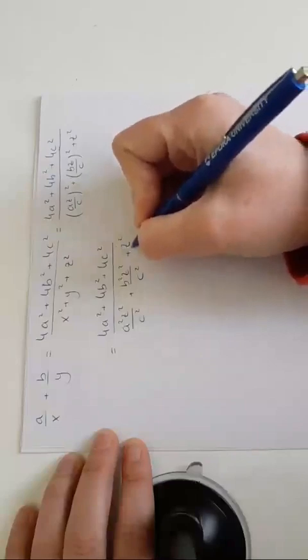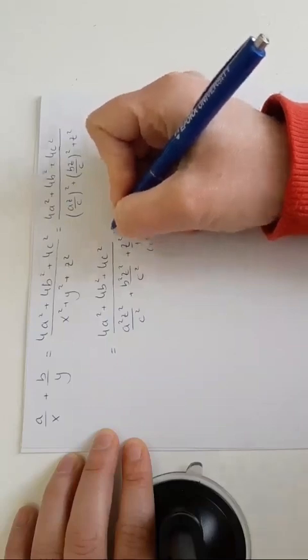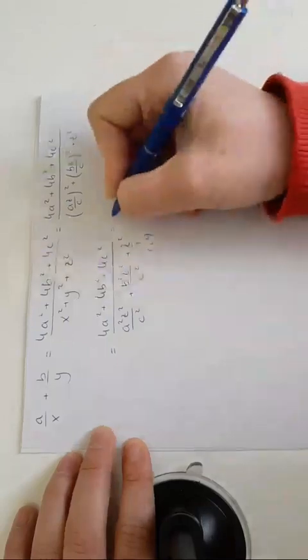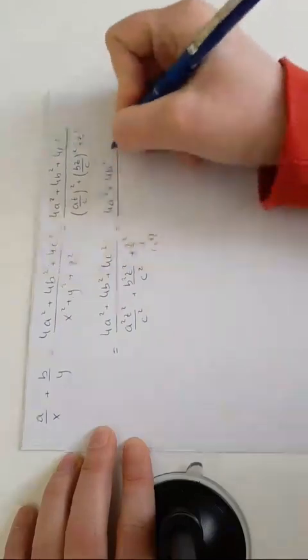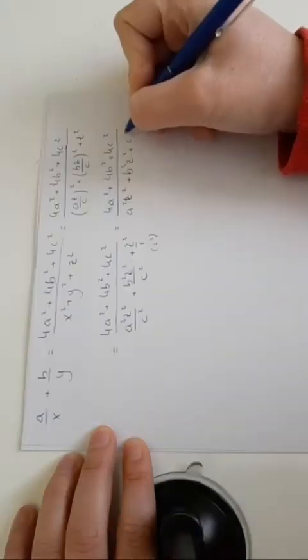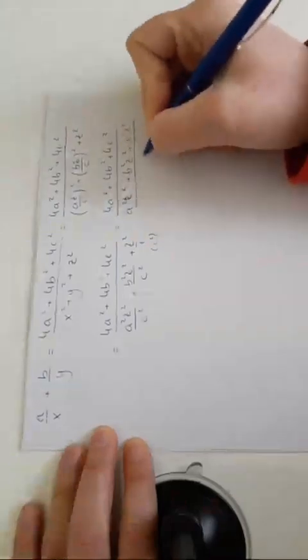I will multiply this by c squared, and then we will get 4a squared plus 4b squared plus 4c squared. Here a squared z squared c squared over c squared we will have.